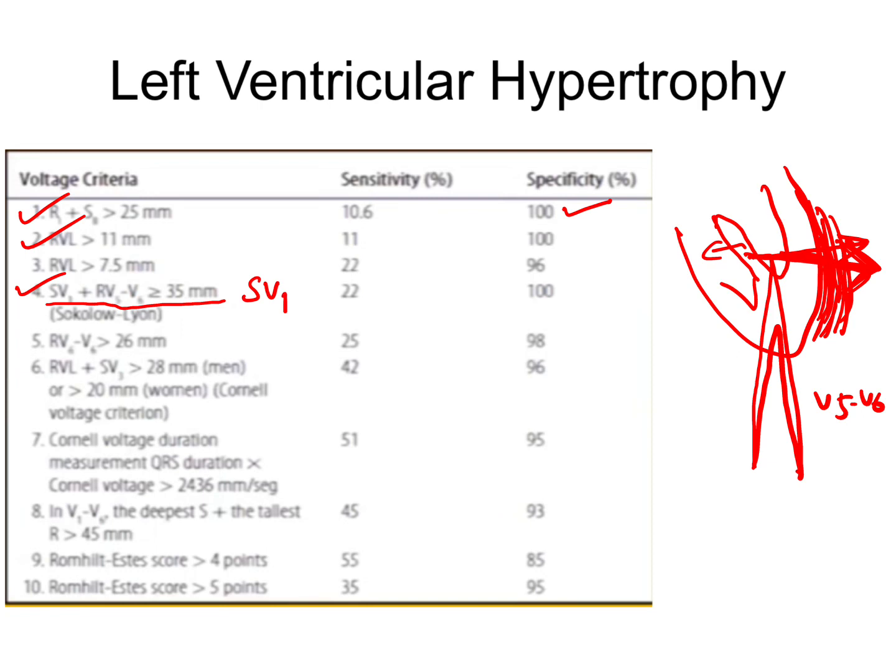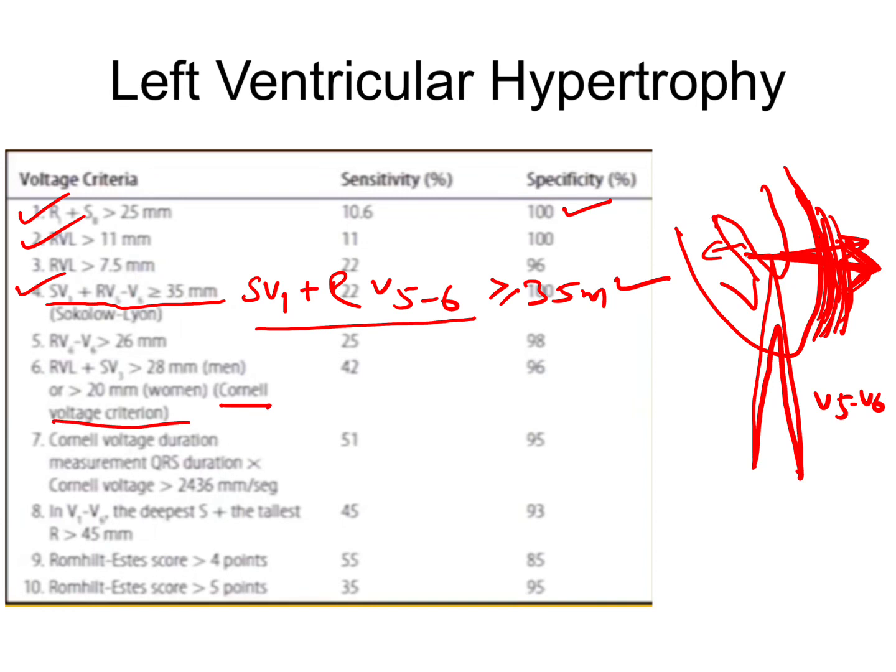That is S wave in V1 plus R wave in V5 or V6, if the sum of these two is more than or equal to 35 mm. It has a specificity of 100%.